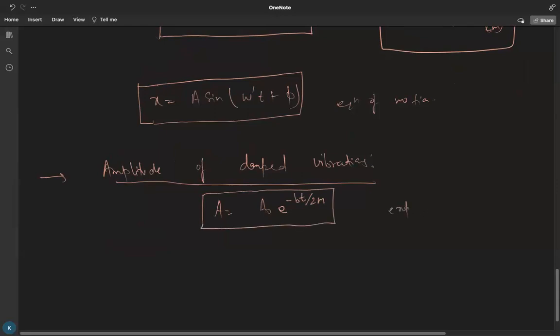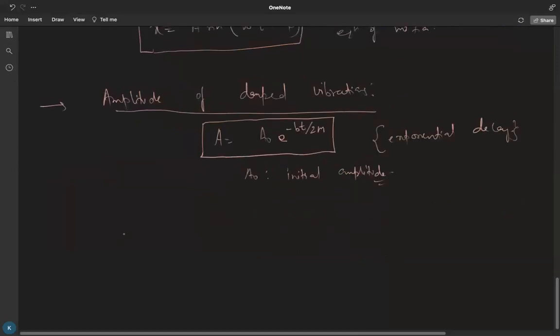This is also called exponential, right? I hope it will be clear to all of you. And let me mark it here. Our A naught is actually the initial amplitude.